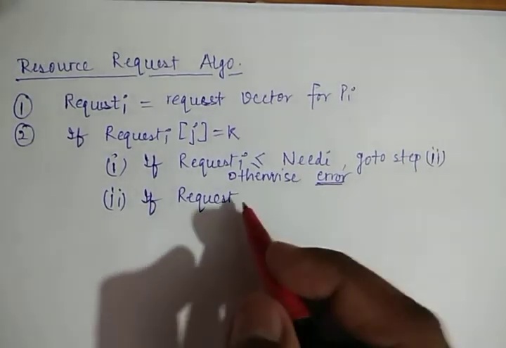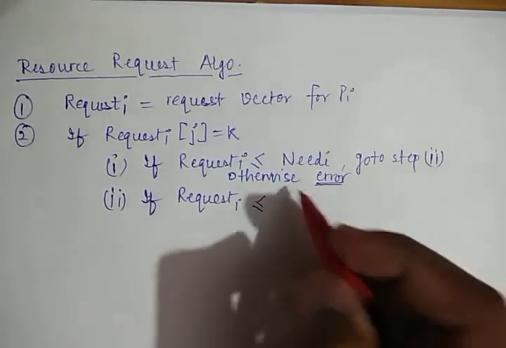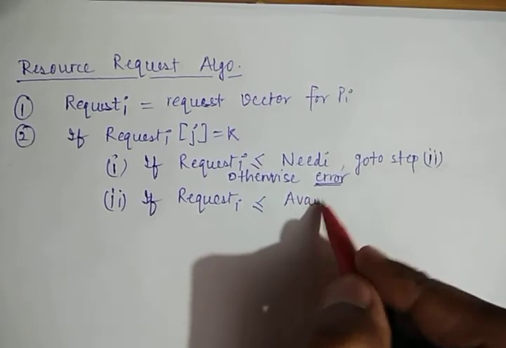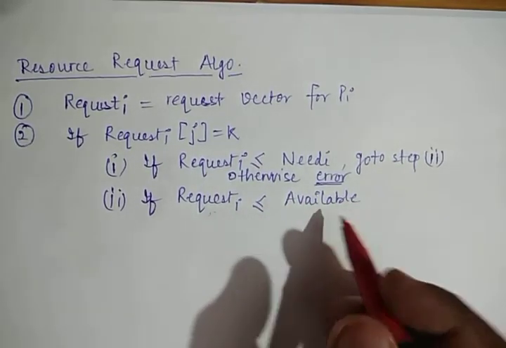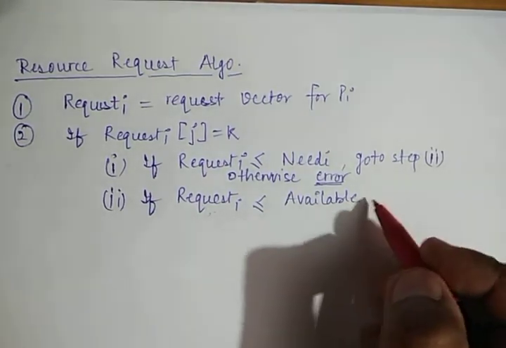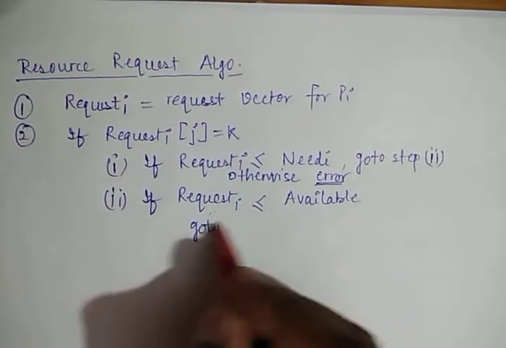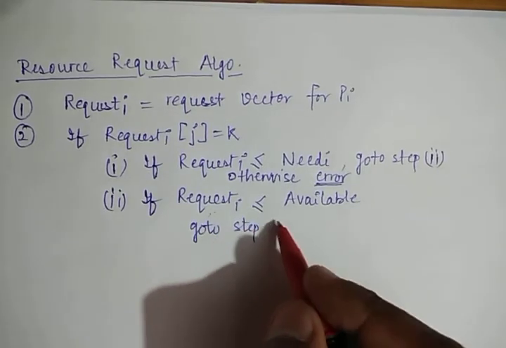Then in step 2 we check if Request i is less than Available, whatever the value is available to be allocated. If this request is less than that available, then go to step 3.